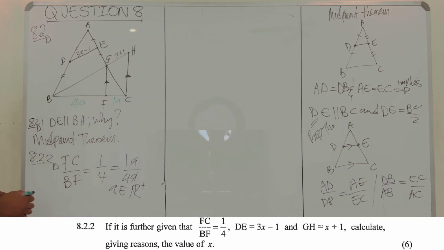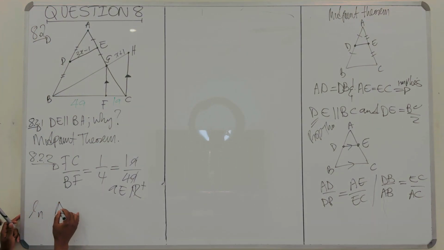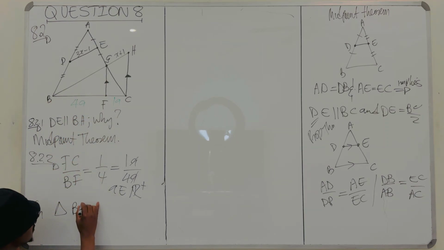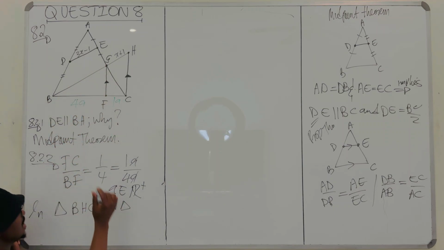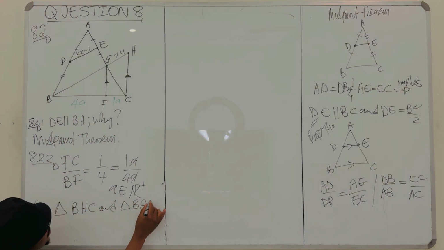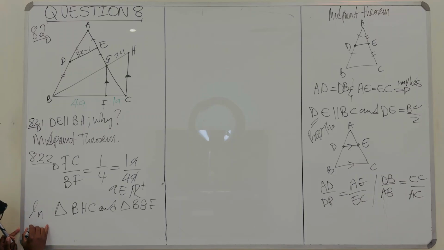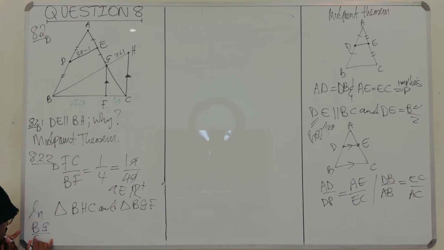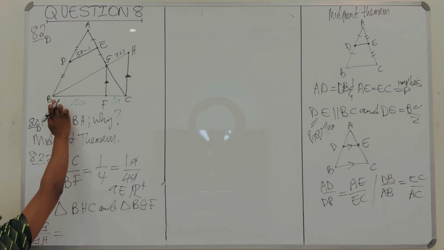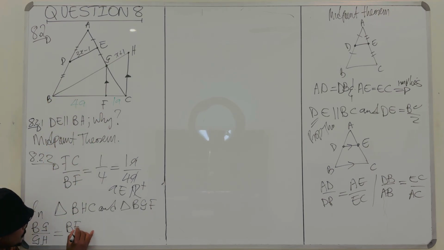So what we can say is that in triangle BHC and triangle BGF, our BG, which is this length over that length GH, is equal to BF over FC.